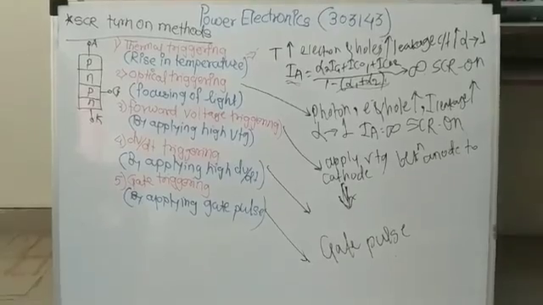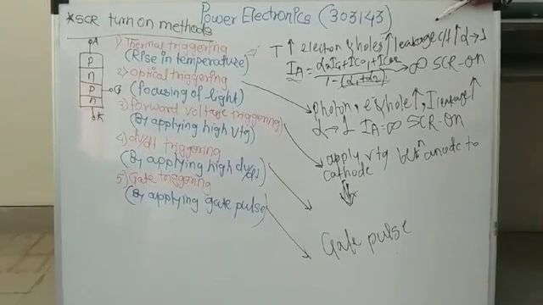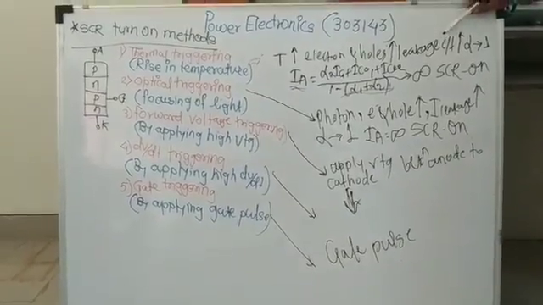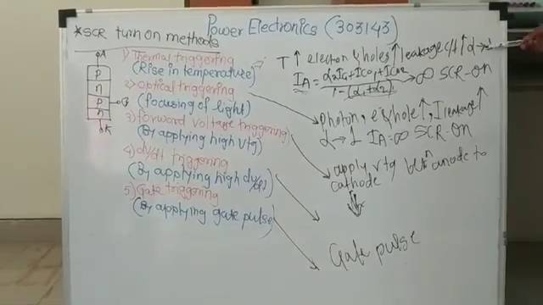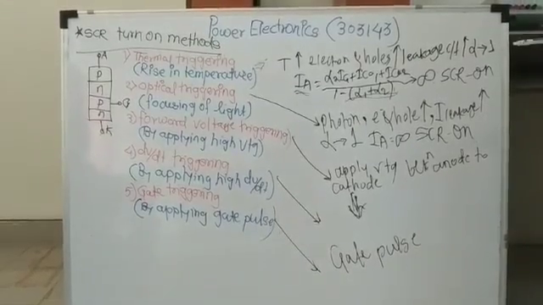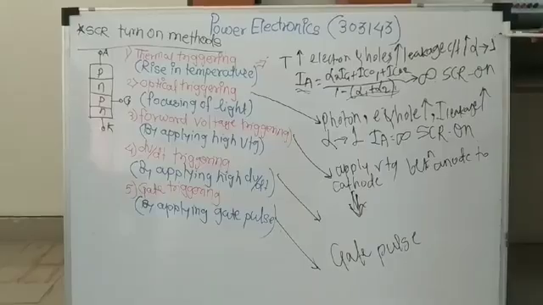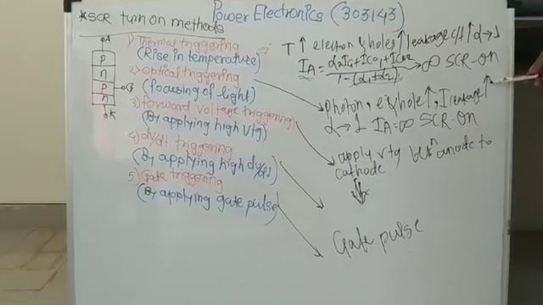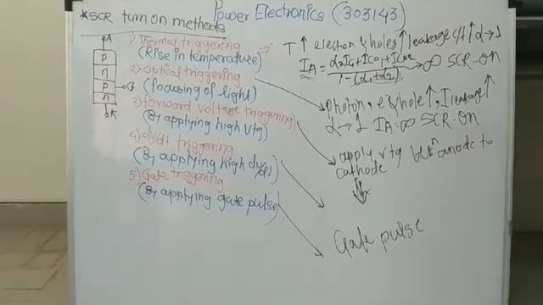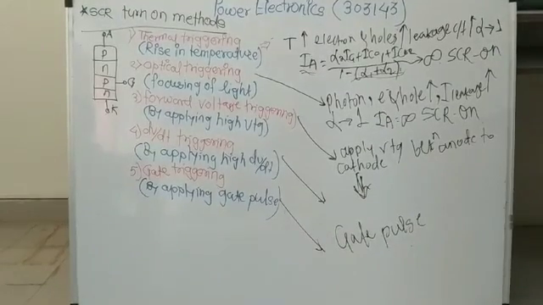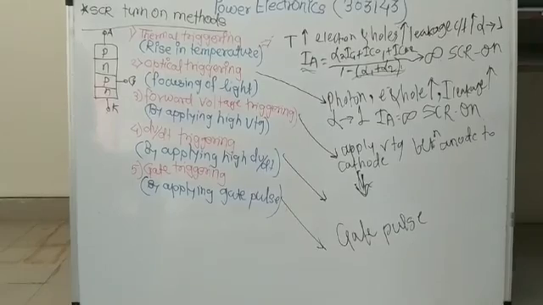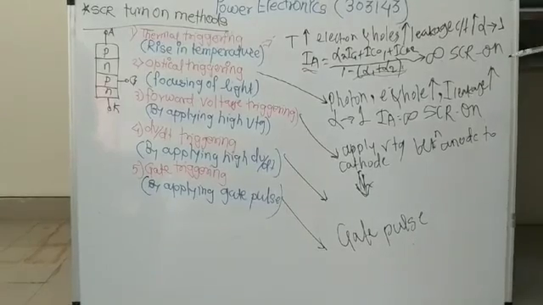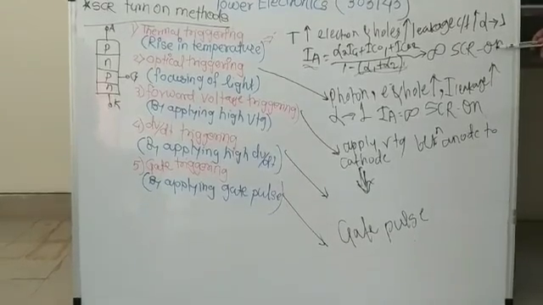Here, first is temperature, rising temperature. Due to rising temperature, your SCR may get damaged by high temperature, and additionally a heat sink will be required. The second method is optical triggering, means focusing light. This method is also not properly used because when the light intensity is very high, it may damage your device.